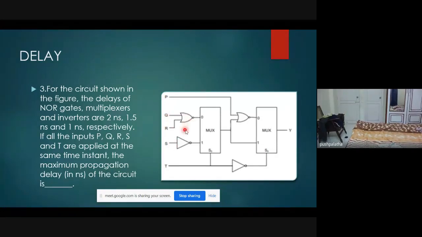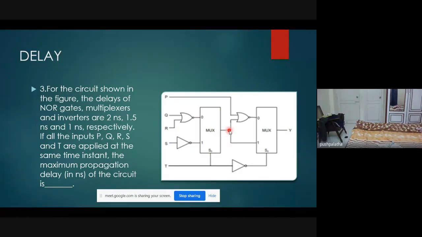Now how will you calculate the delay? Because if I apply here, it is 2 nanosecond, 1.5 and 1 nanosecond, I'll get the delay for the initial one. Now I need to calculate at the output, because for a mux you have 1.5 nanosecond. So from 1.5 nanosecond and from 2 nanosecond, you will get the output with some delay. Now you have to calculate two kinds of delays, right? First you have to calculate the delay with the first mux.